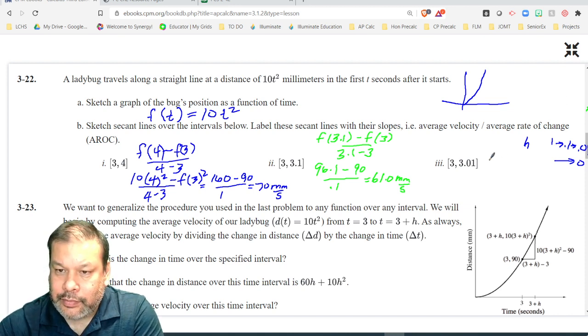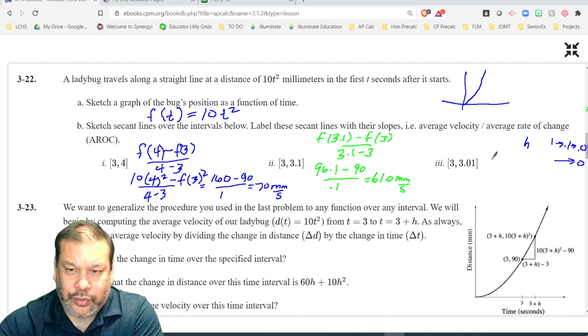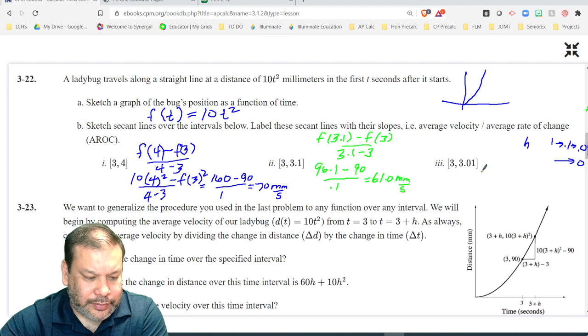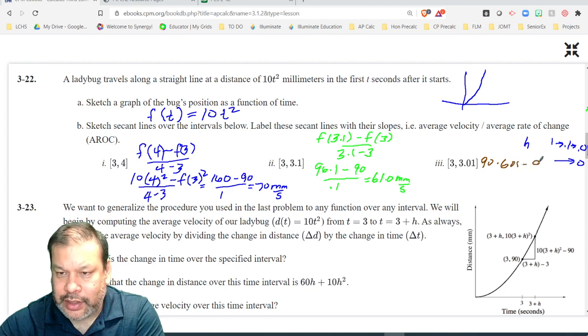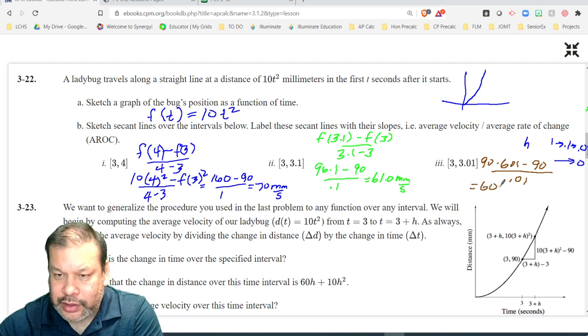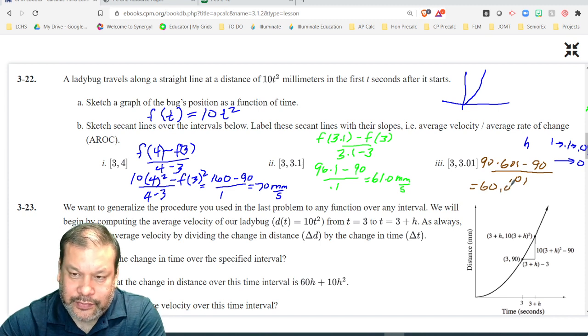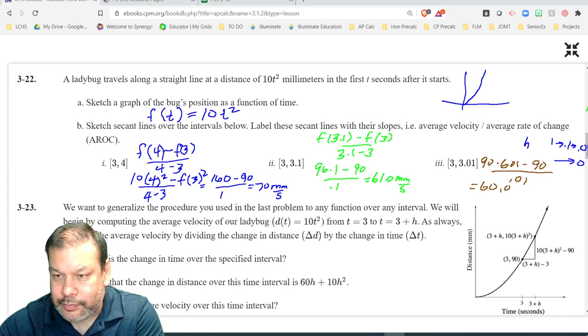Now for part 3, 3.01 squared times 10 is 90.601 minus 90, over the difference of 0.01, and this one you'll get equal to 60.1 millimeters per second.